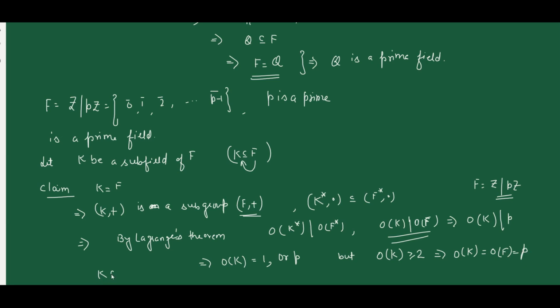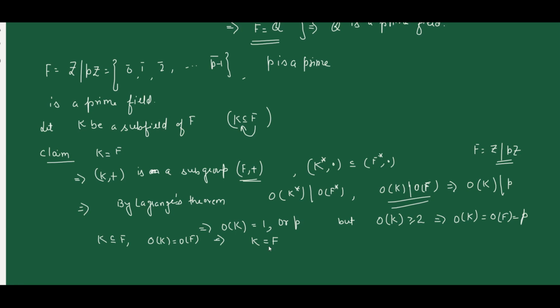K is a subfield of F, and K and F have the same number of elements. So the only possible case is that K must be equal to F. So we have proved that the only subfield of F is F. If K is a subfield of F, then K coincides with F, and this implies F equal to Z by pZ is a prime field, and this is an example of a finite prime field.